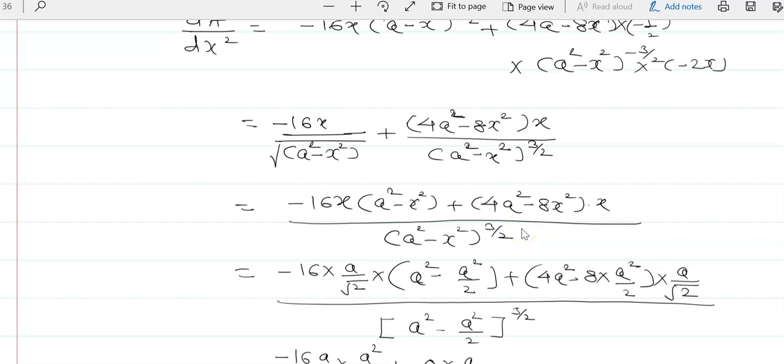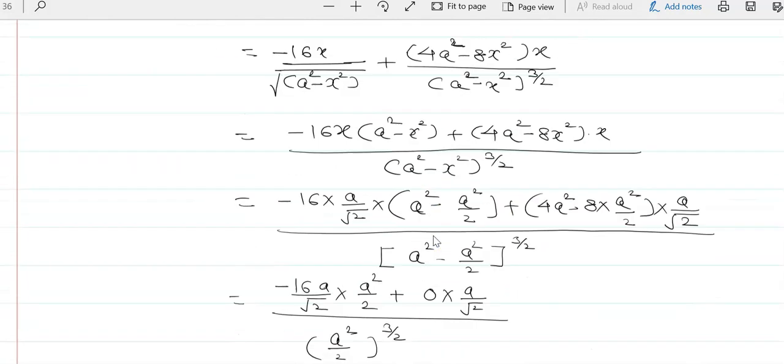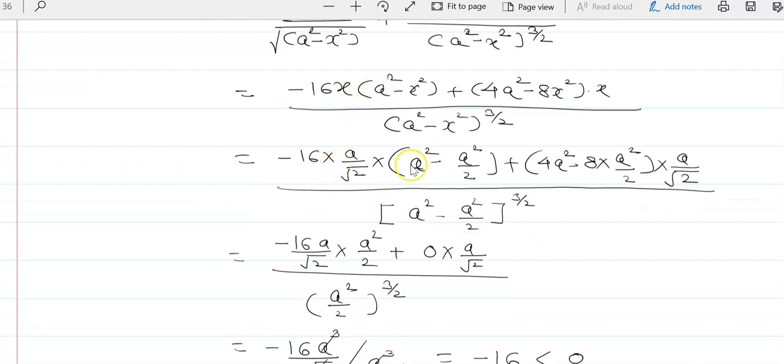Now here we will simplify and substitute the value of x that we have calculated, which is x = a/√2. Here (a/√2)² is a²/2. So we get −16(a/√2)(a² − a²/2) plus (4a² − 8a²/2)·(a/√2). If we simplify again, you will get 0 into a/√2 and the whole will become 0.